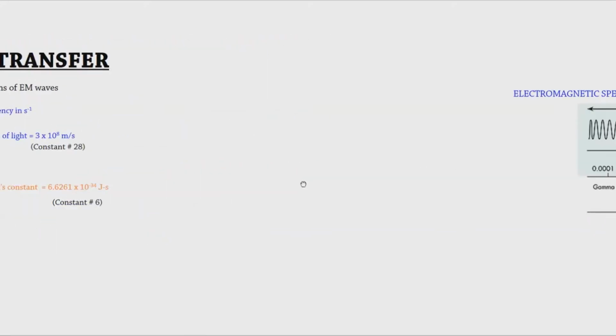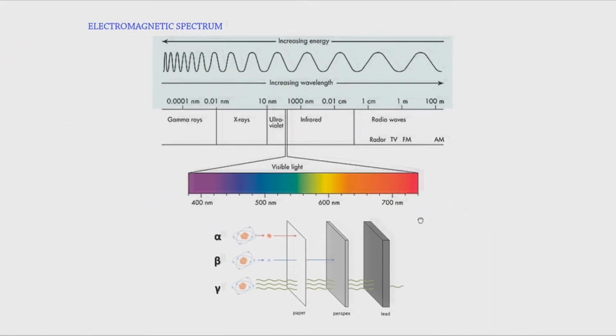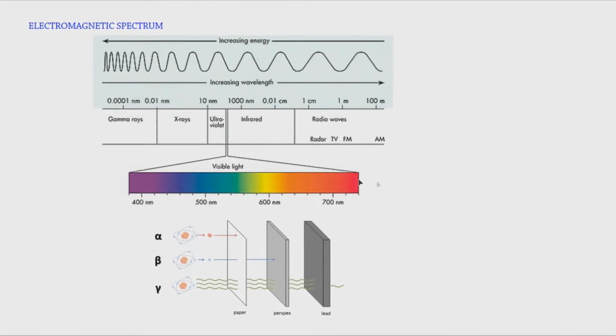Now, if we look at the EM spectrum, as you can see, the light we can see, the visible light, is around 400 nanometers to 700 nanometers. Beyond that and below those wavelengths, we can no longer see them with our naked eye.